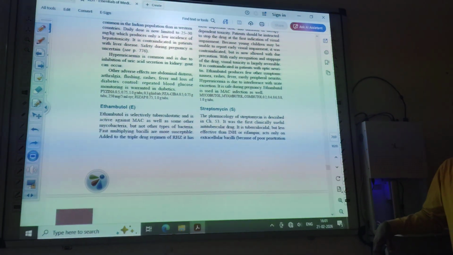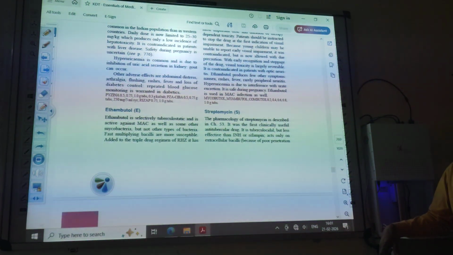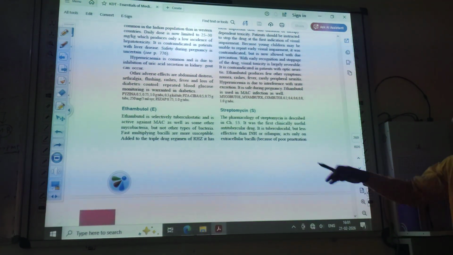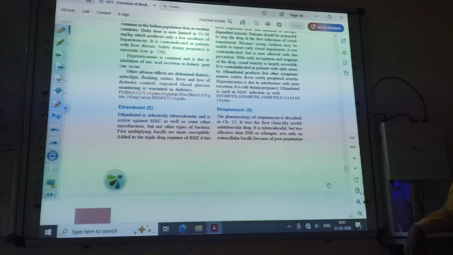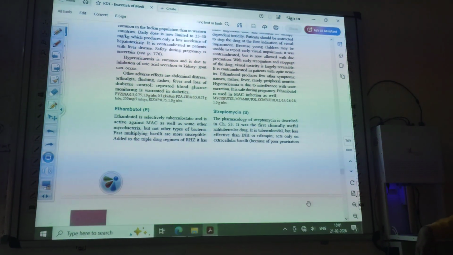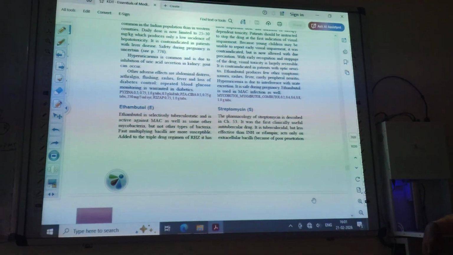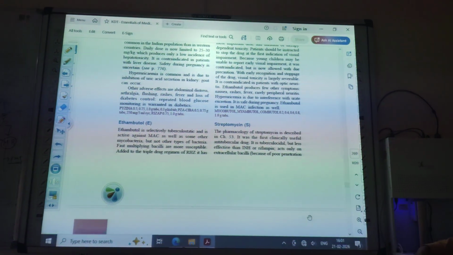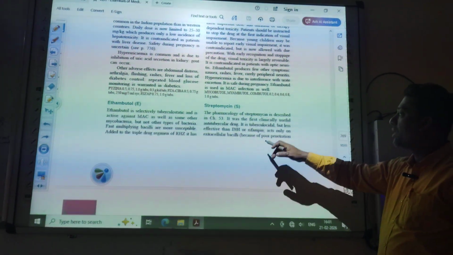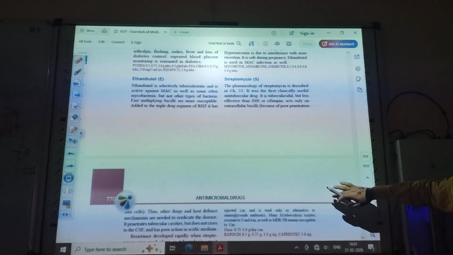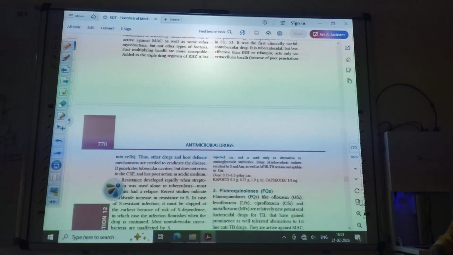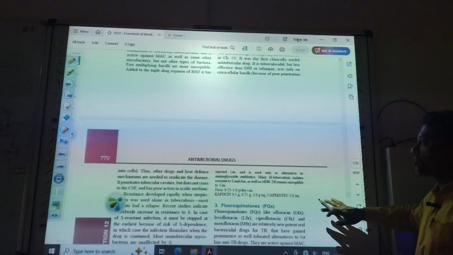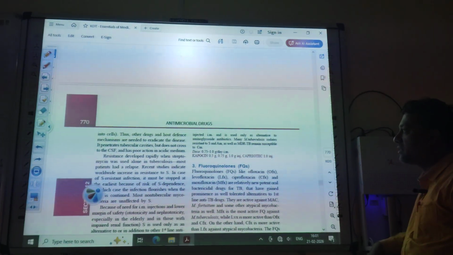All first line antitubercular drugs are bactericidal, but streptomycin is less effective than isoniazid or rifampicin. The reason is poor penetration into the cell. Thus, along with other drugs, host defense mechanisms are needed to eradicate the disease.